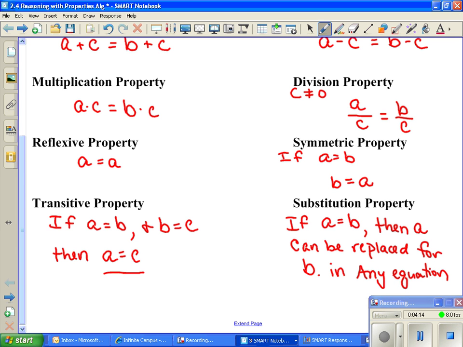So it can be replaced for B in any equation or expression. So if you're okay with these properties, you're going to be using those in your proofs. Make sure you're familiar with them.